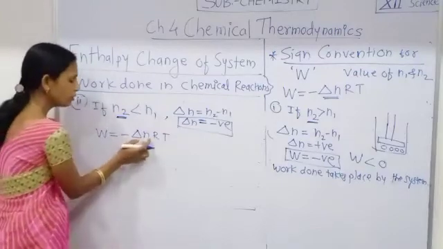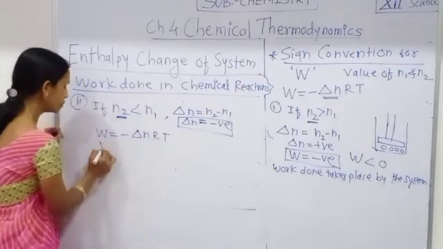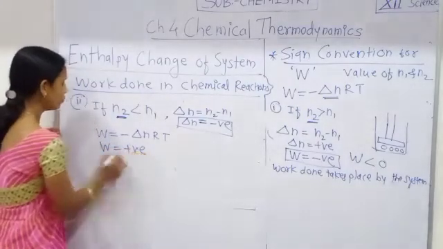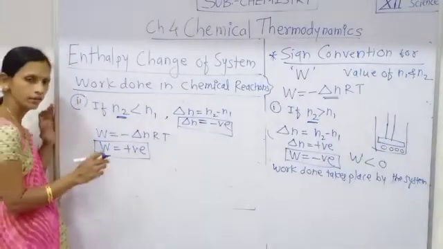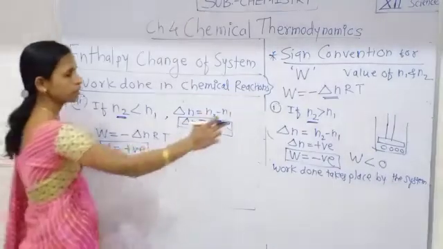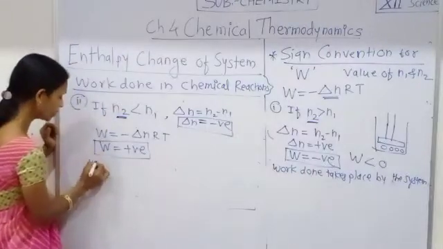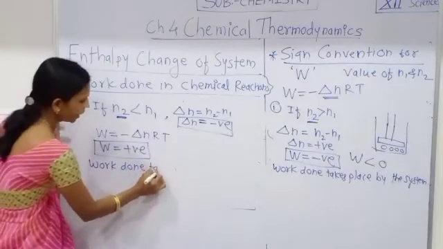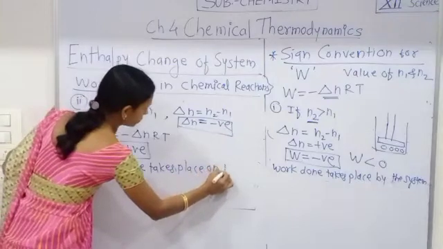Putting the value of that delta N, which is negative, minus minus becomes positive. Therefore the value of work done becomes positive, and as work done is positive, work is done on the system.